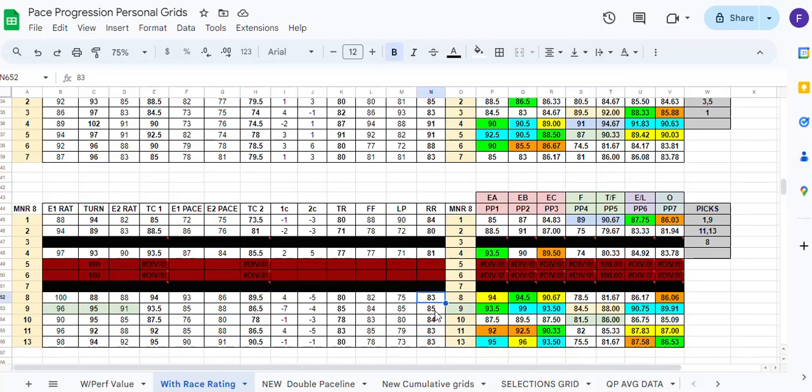So I am going forward with using this method for sprint races. And for routes right now, again, I'm just using the same exact method off of the 6 furlong call, because it's not making much of a difference with the numbers here. And even more importantly, it's not making much of a difference as it factors in here, because this is the only factor in the overall that the race rating and the target rating are even tied into whatsoever.